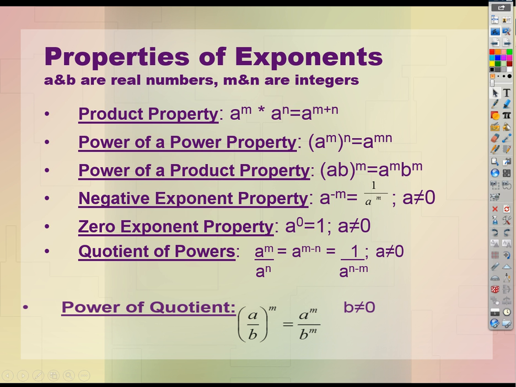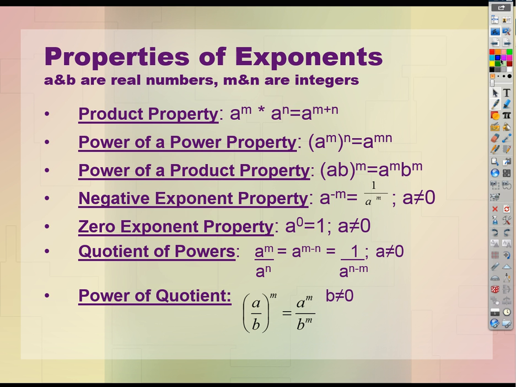Okay, so for example, what if I had something like x over y to the 5th? How could I write that? Exactly. Because they're being divided, because they're not being added or subtracted, I could distribute the exponent and write that as x to the 5th over y to the 5th.